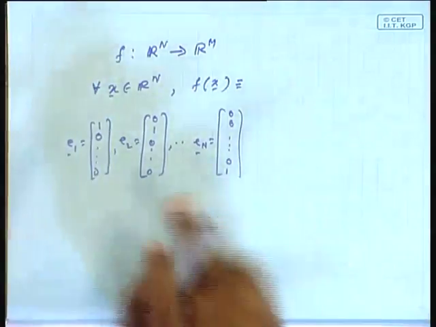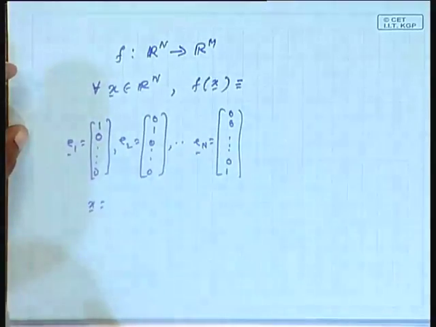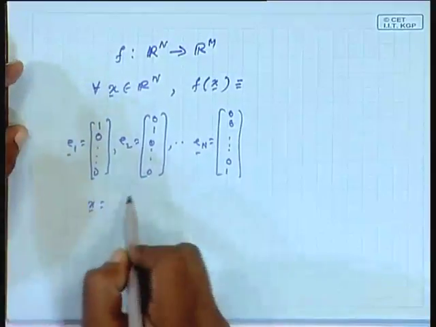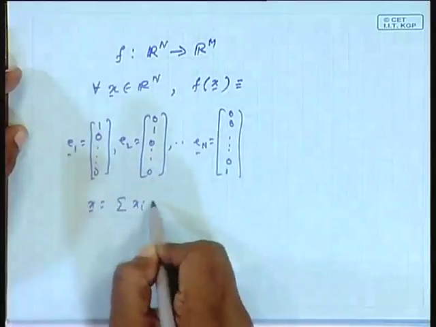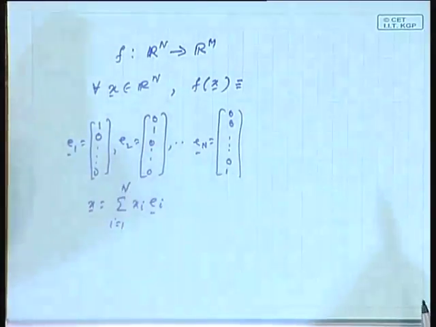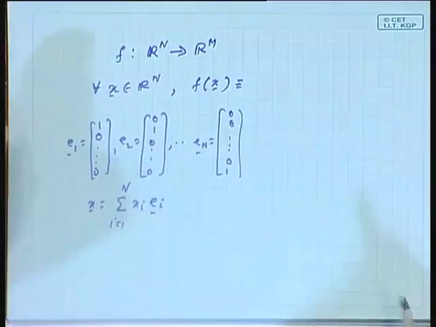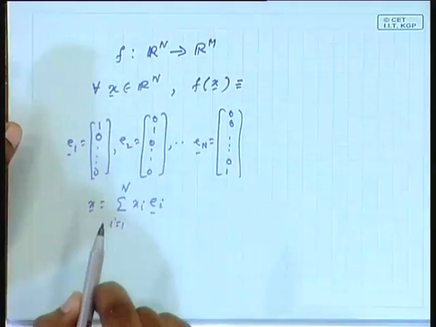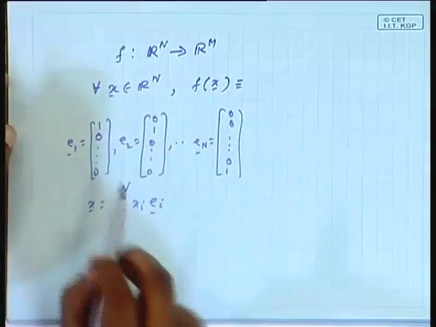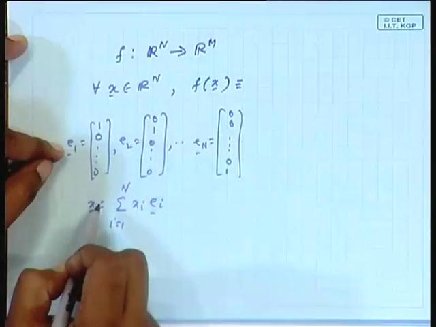Okay, this is called trivial basis. Then any vector x, I can write simply as the sum of xi ei, isn't it? Any vector x, top component is x1, x1 into e1, so it becomes x1, others are 0.